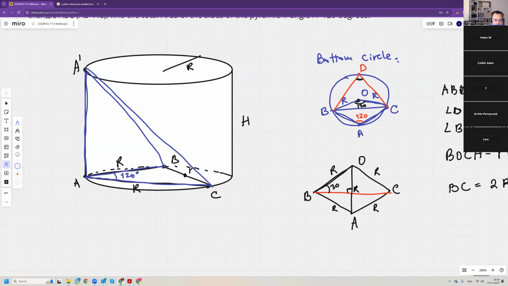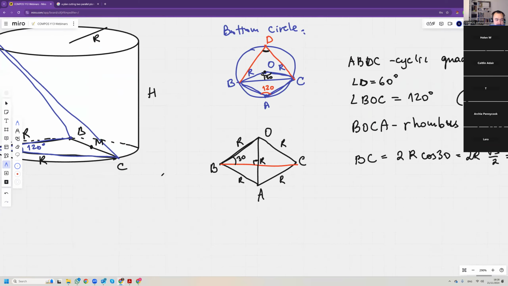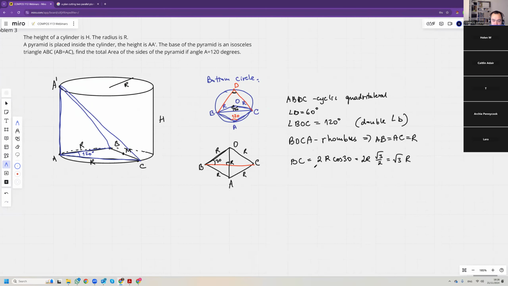Let's call this point M. So M is the midpoint of BC. And then we can write that AM, so this is M.